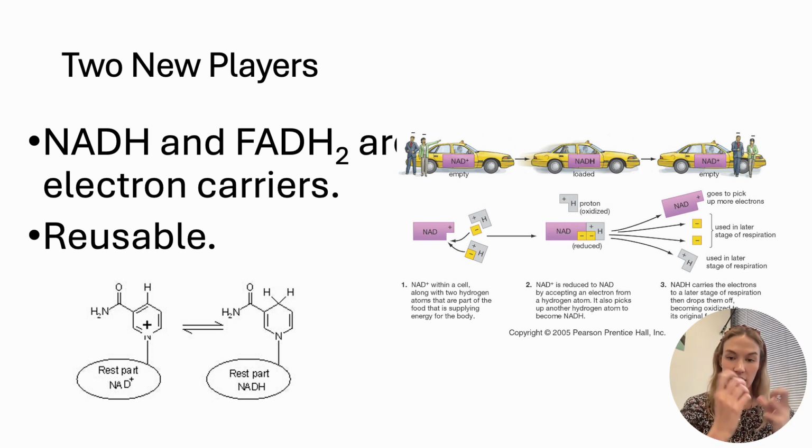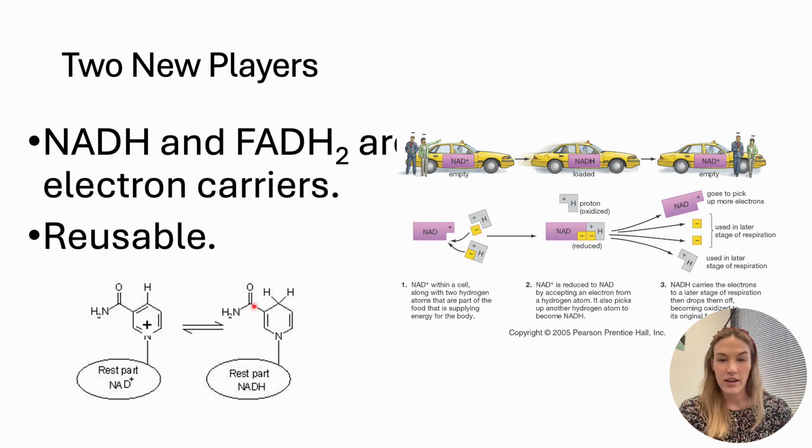So NAD will accept an electron, as you can see in this image right here, and then it will go and deliver that electron somewhere else. Where it is, we will get there when we get there, but I want you to understand its whole job is to just shuttle electrons around. So NADH is very closely related to NADPH, which I'll show you on the next slide. FADH2 is a different electron carrier. It is important that you know it.